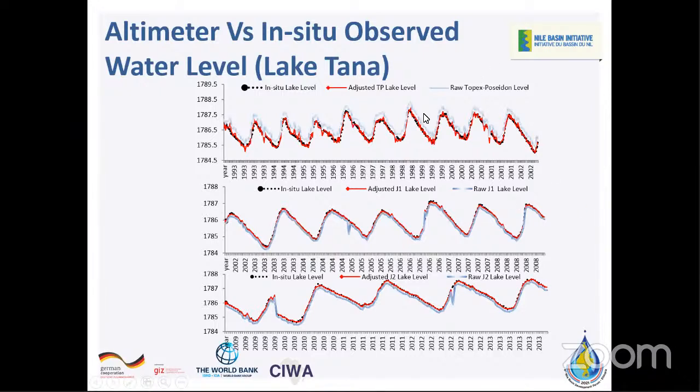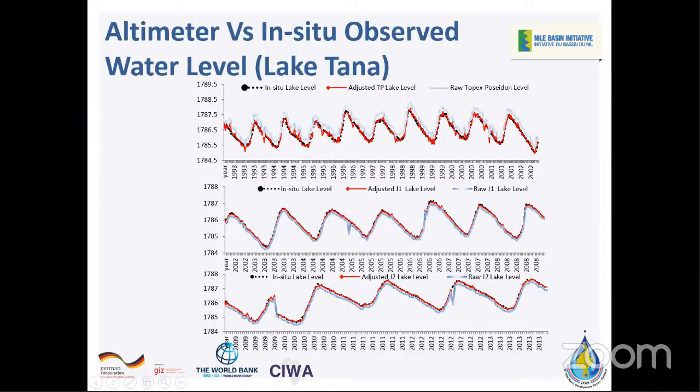The blue one that is visible is the raw data that was collected, and the black dots are where it was observed. There was some variation. After bias correction, the resulting hydrograph, or the resulting water level data, was the red one.